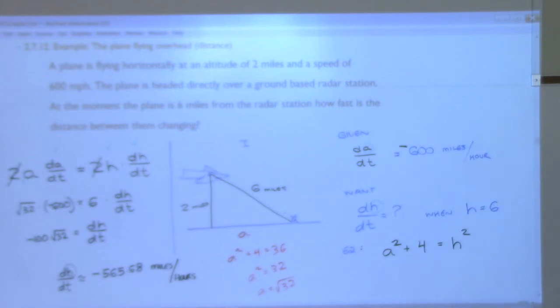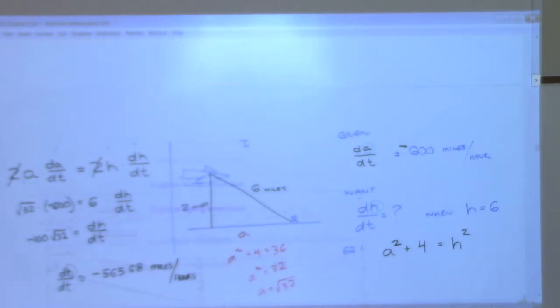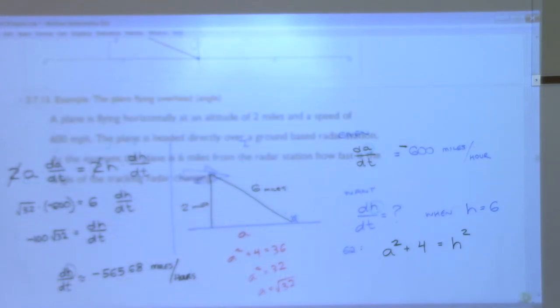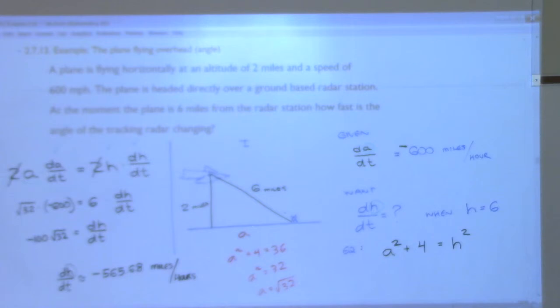All right, let's look at one more. We won't be able to do the whole thing. Oh, that's the animation. We don't need it. Yeah. Look at this problem here.